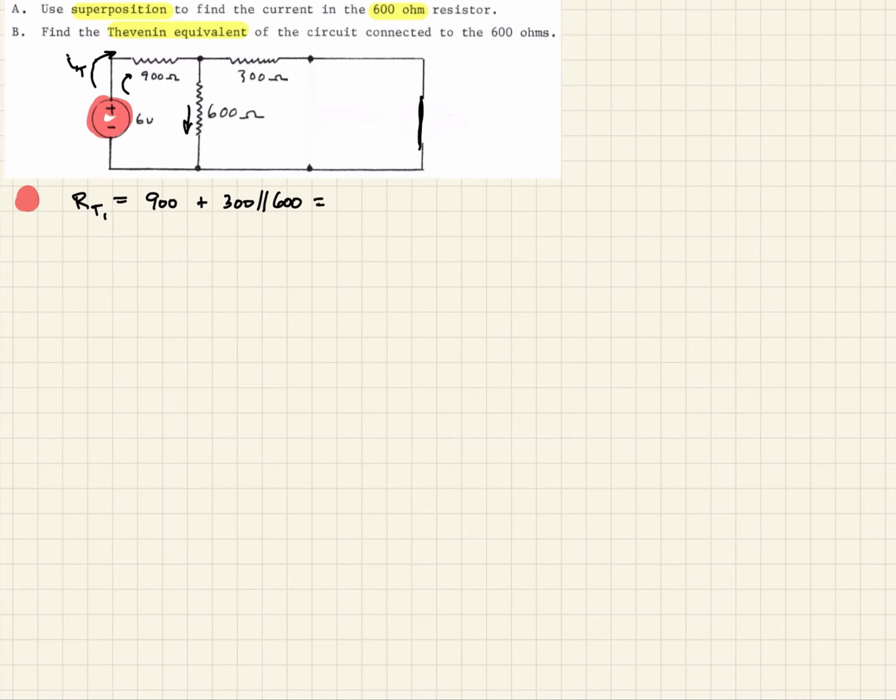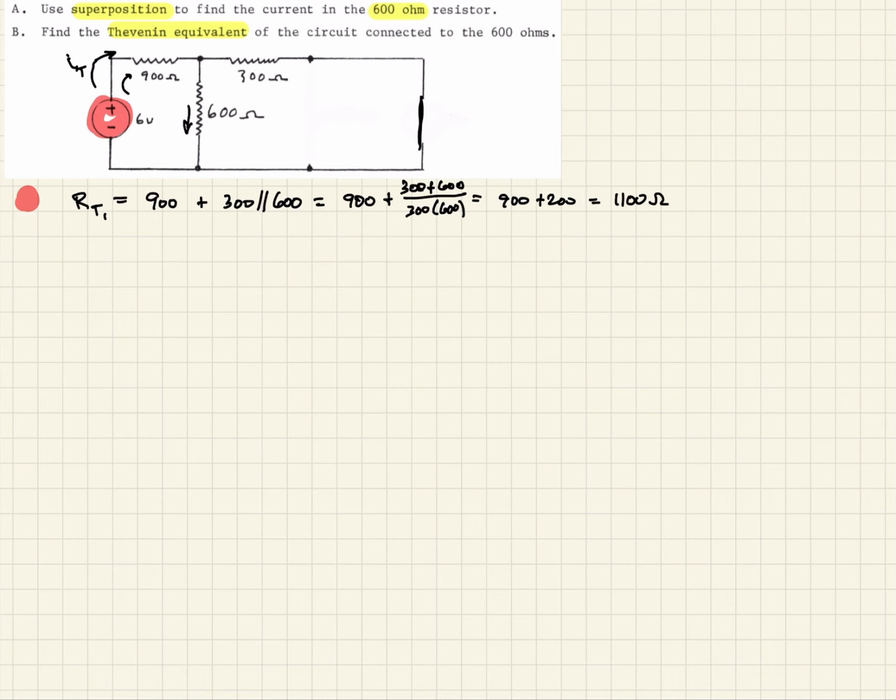If we write that out, we'll have 900 plus 300 times 600 over 300 plus 600. When we solve for that, it's going to be 900 plus 200, and so that's 1100 ohms.